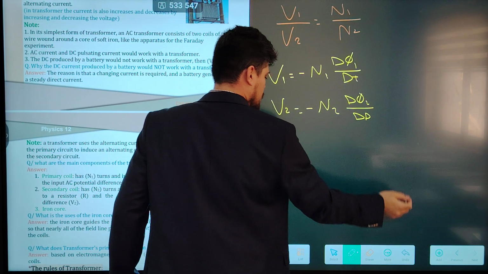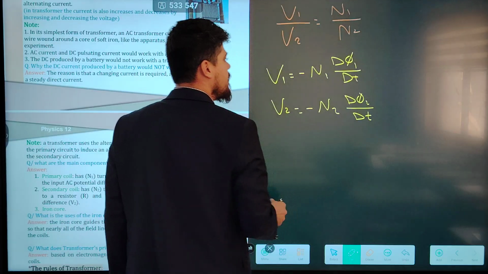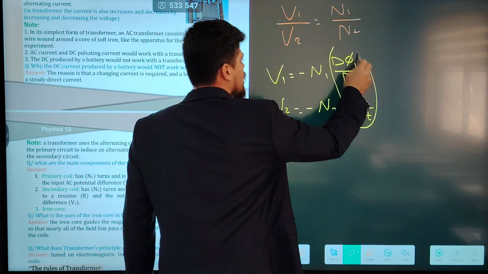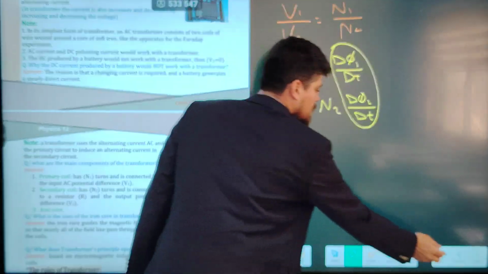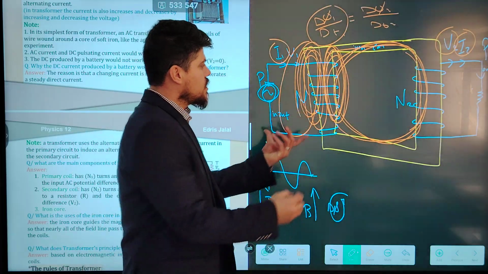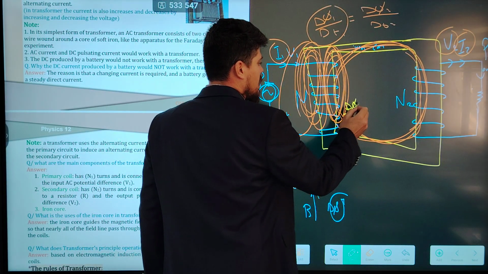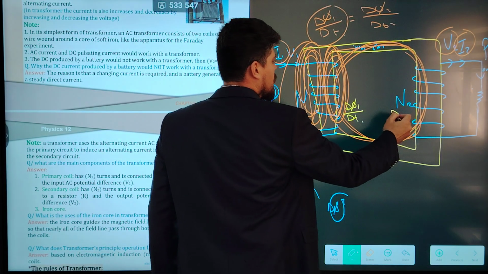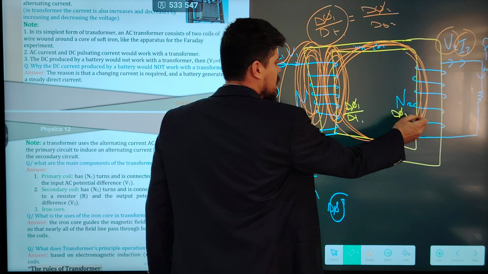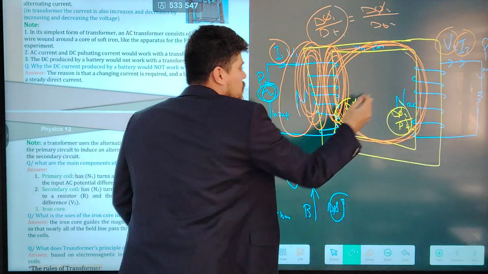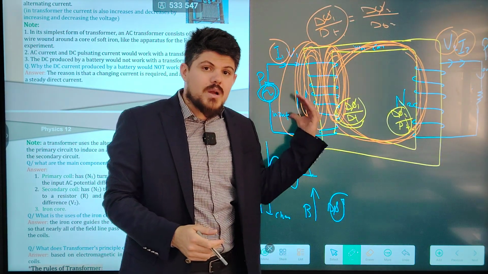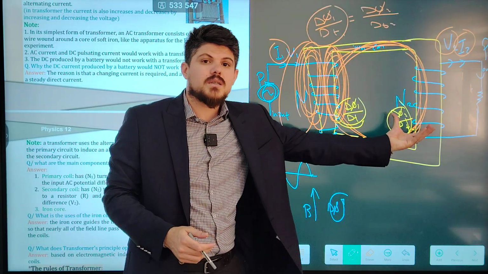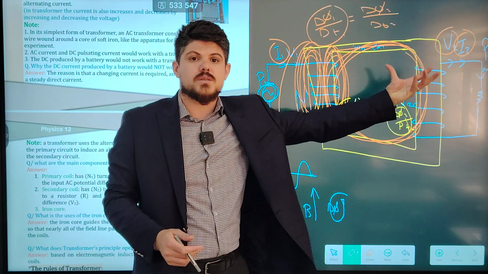times the change in flux per unit time. Is the change in flux in the primary circuit equal to the change in flux in the secondary circuit? Yes. Why? Because when the magnetic field increases in the primary circuit, the magnetic field in the secondary circuit also increases.